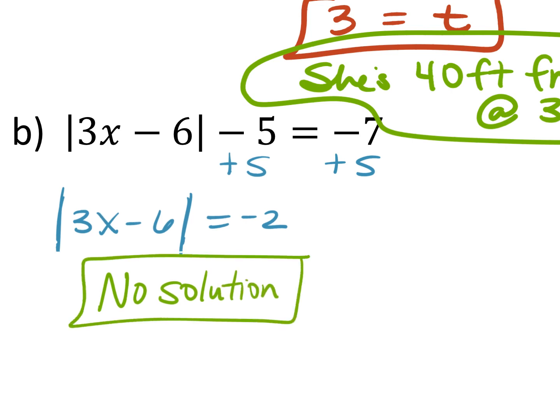Wait, if something inside of the absolute value is negative, is it still no solution? If something inside of the absolute value is negative, yes, yeah. Wait, so absolute value turns it positive? Absolute value makes it positive because it's talking about a distance from 0. I am 7 units or -7 units from 0.